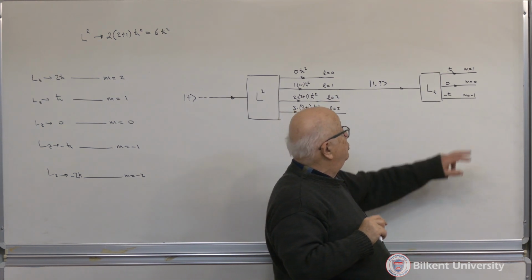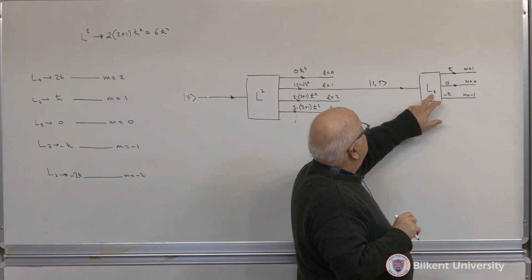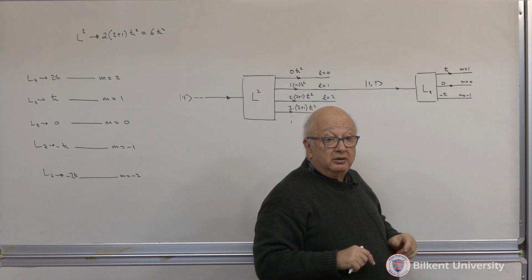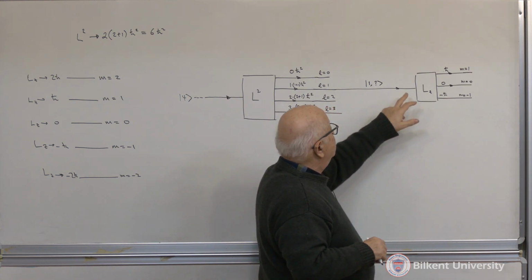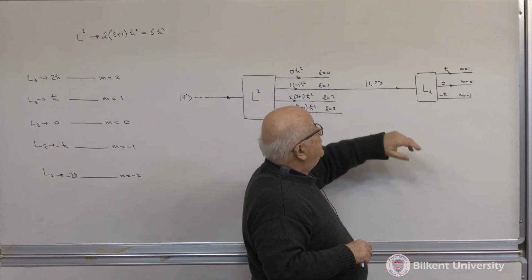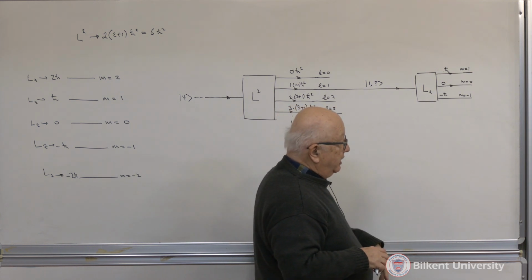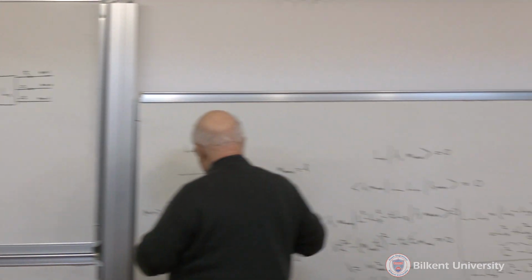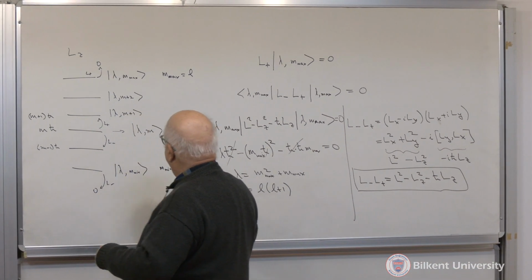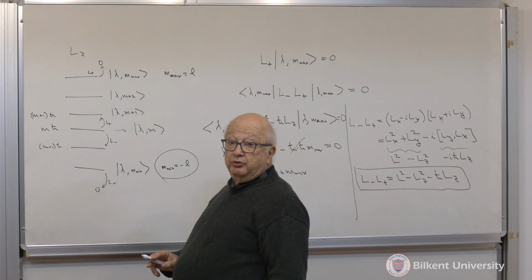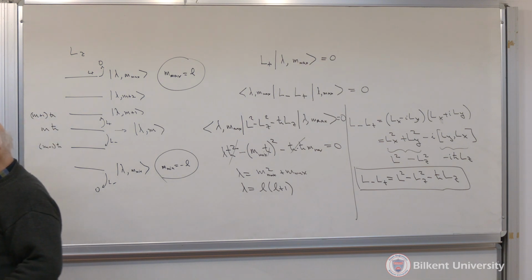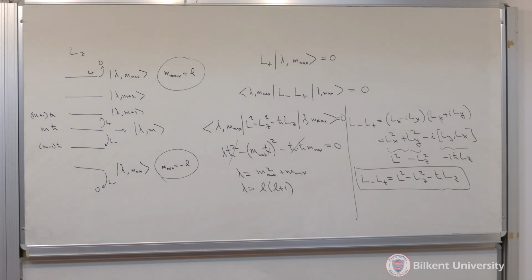No, we don't have m equal to 2 because the largest that I can have with L equal to 1 is L. So if L is equal to 1, m changes between minus L and plus L. If you remember the structure of the eigenvalues here, the minimum one we said m equal to minus L. The largest one is plus L. So we are constrained. We are between those two values.